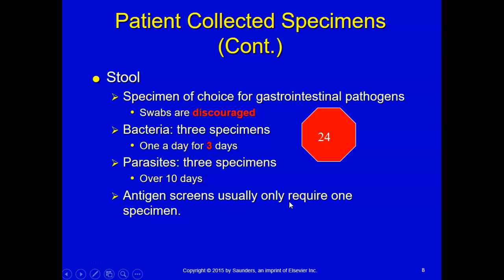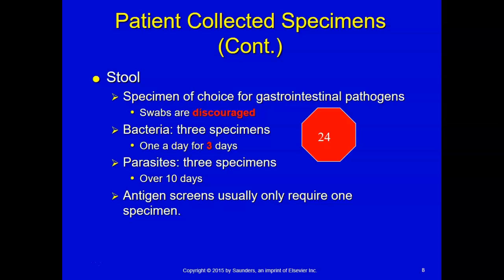Stools, usually we'll have to get 3 samples to confirm, say, Clostridium difficile or some other type of bacterial infection. And if the doctor has ordered 3 stool cultures, that means 1 a day for 3 days, not all 3 stools sent in the same day. And nursing staff may not realize that, so you have to be careful.